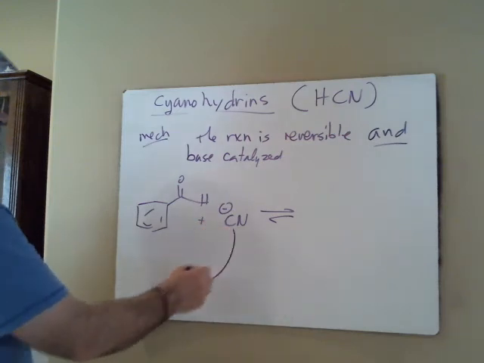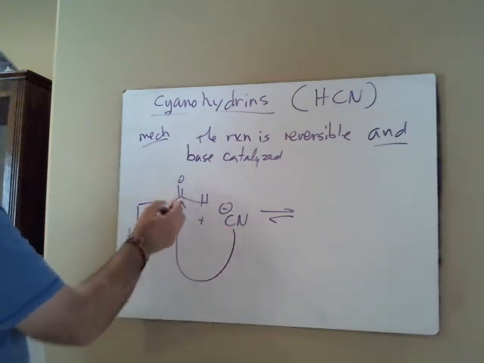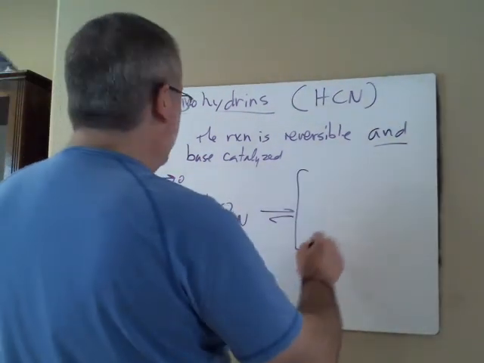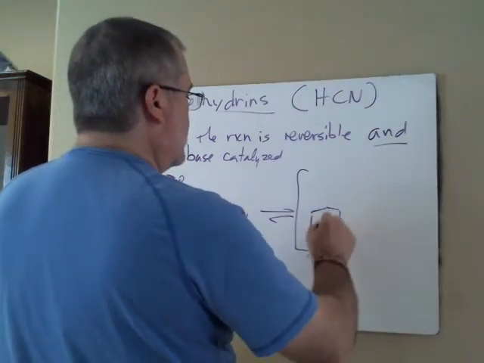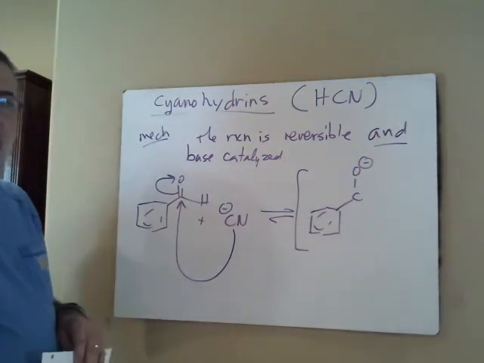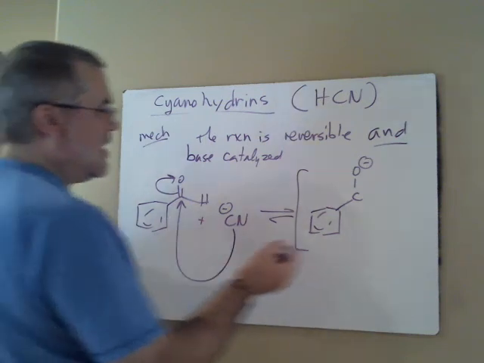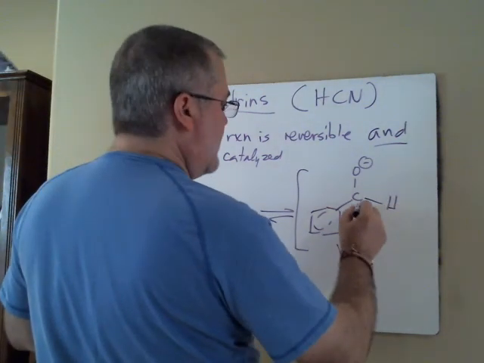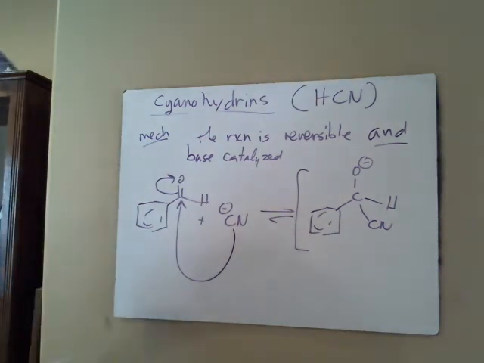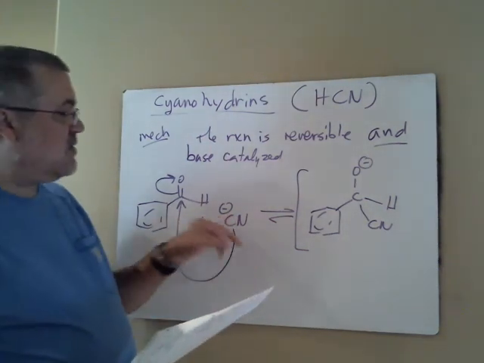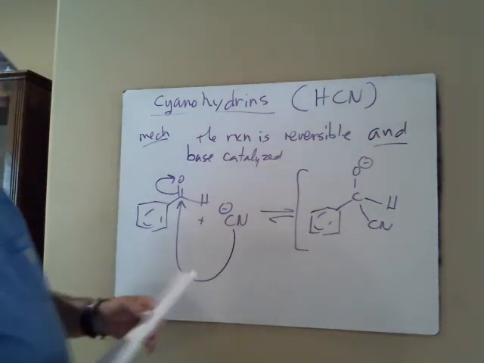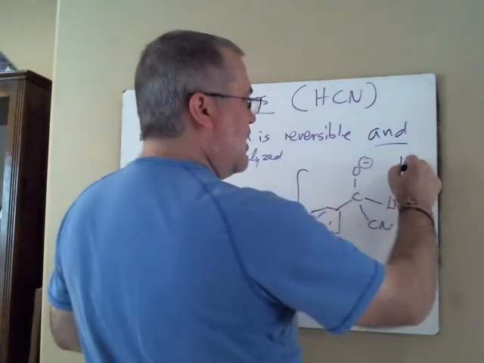So that negatively charged nucleophile is going to react with the electrophilic carbon of the carbonyl, breaking the pi bond, moving the electrons out to the oxygen, forming the tetrahedral intermediate, which would look like this. All right, because I've moved my electrons out to the carbonyl oxygen. I have an H attached, and I've added this CN. Okay, I've added it as a negatively charged nucleophile, therefore it has no charge there. Okay, then what happens? I have another molecule of HCN.